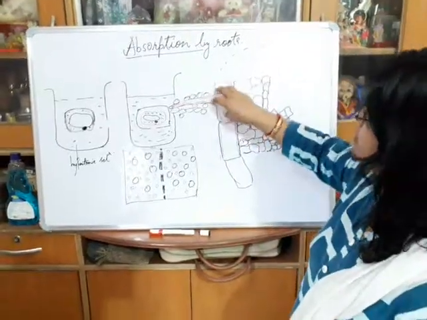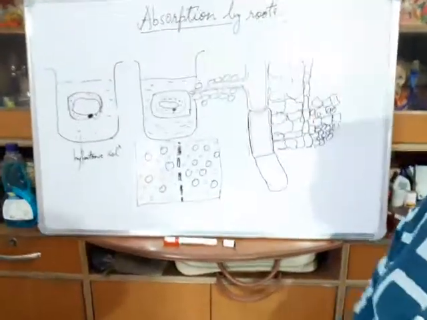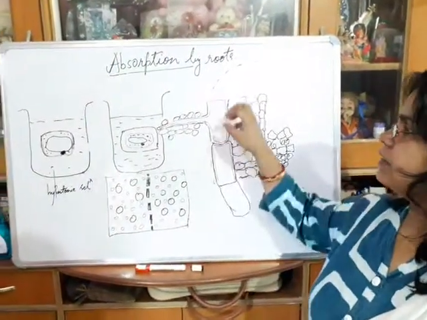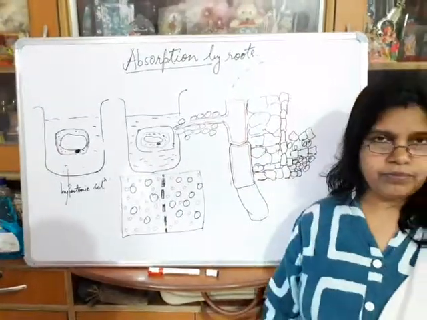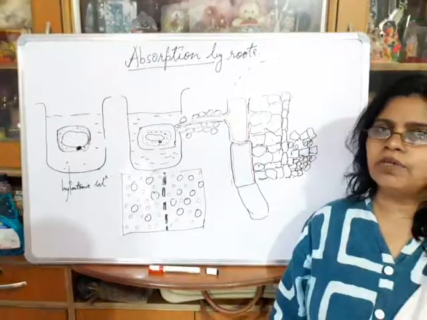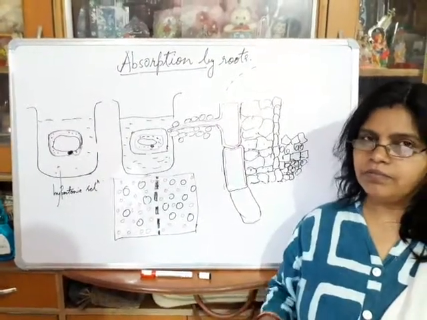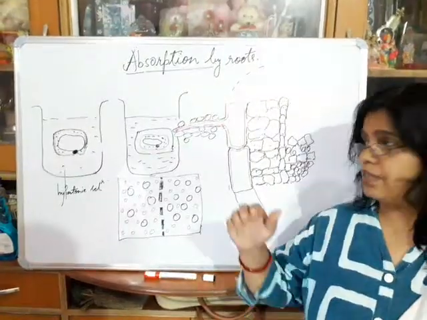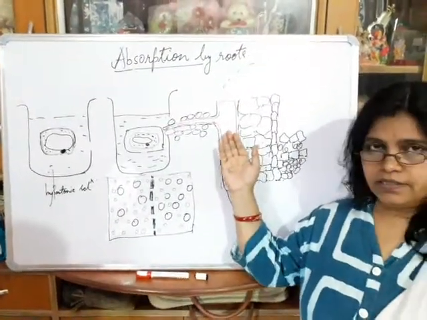Whenever the cell is absorbing water, obviously the cell content is increasing, and due to the increased cell content, the cells swell up. The swelling up of the cells due to absorption of water is termed turgidity. The cells are turgid cells.